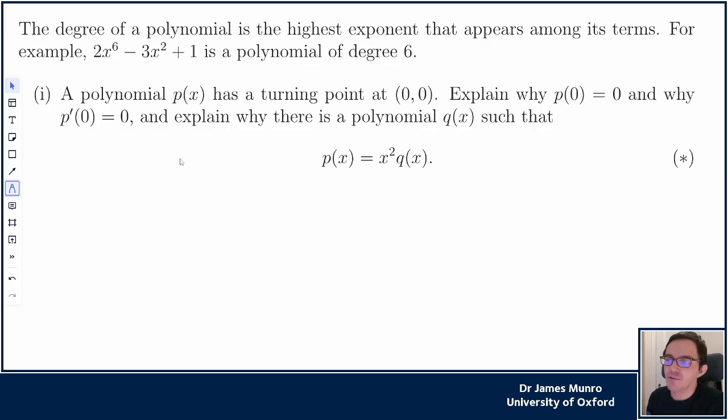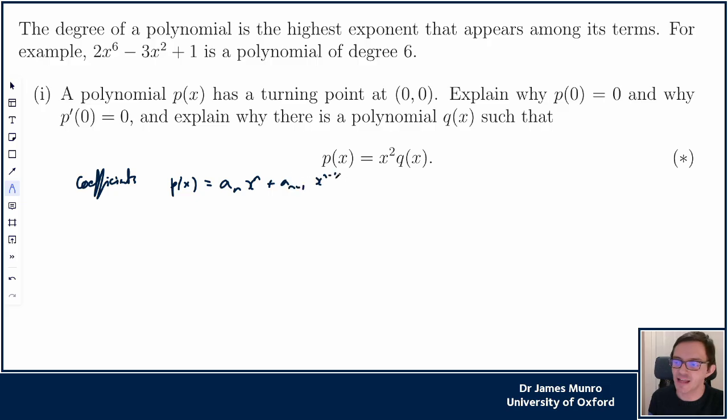Okay, so we're also asked to explain, and this is slightly harder, why there's a polynomial q of x such that p of x factorises as x squared times q of x. That's a bit less obvious. Something we could do is to think about the coefficients of p of x. P of x would be, say, a n x to the n if it's got degree n, plus a n minus 1 x to the n minus 1.